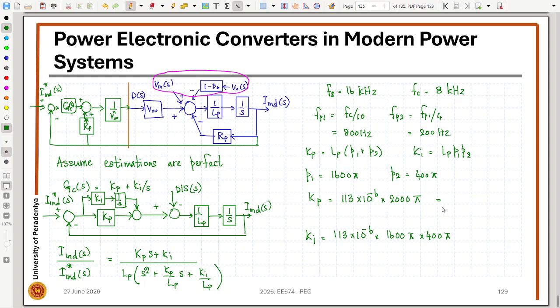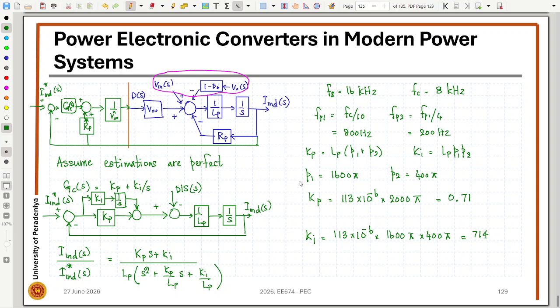So when you solve this one, you will get the answers as 113 e to the minus 6 times 2005, which is going to be 0.71, and this is going to be 714. So that's how you can get the controller for the boost converter as well.